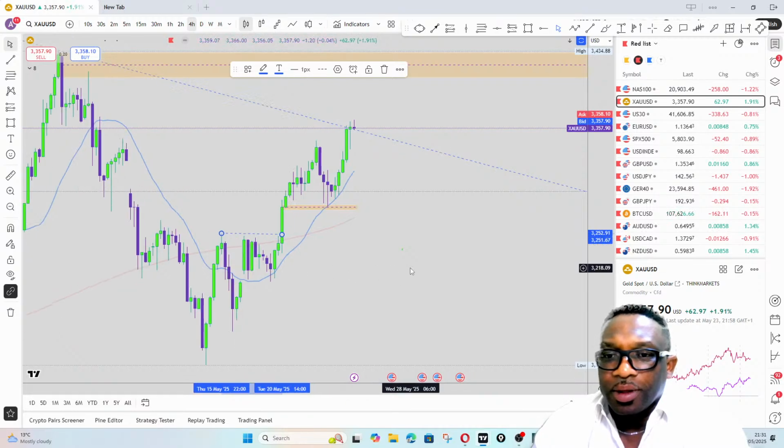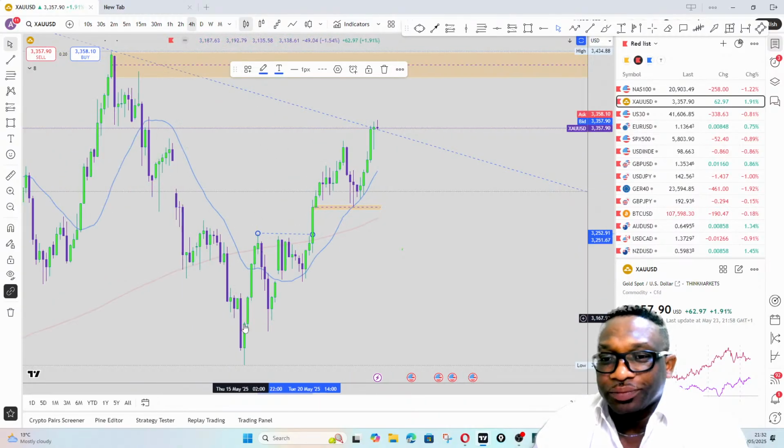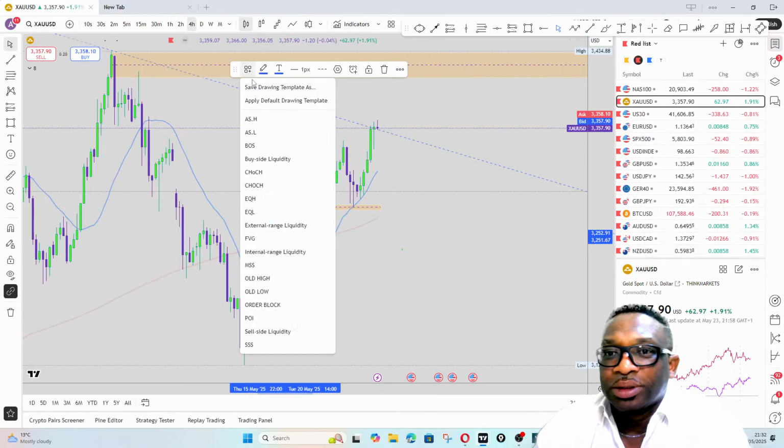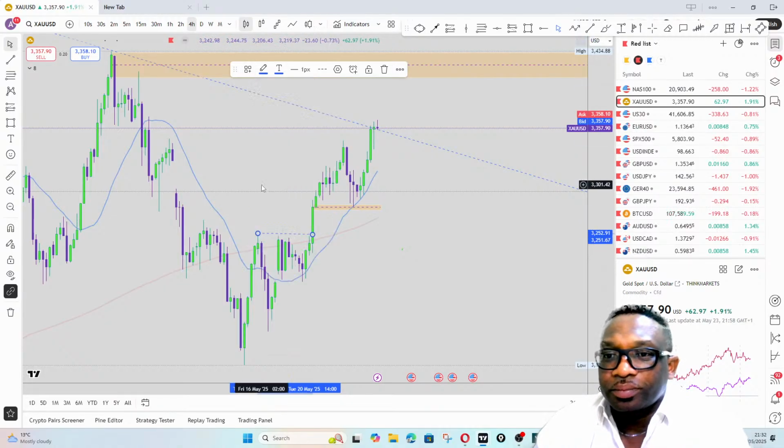Okay, this is more of a change in character because we've been trading down, and then there's a turnaround in the market. So this is a change of character to indicate that the direction has changed.